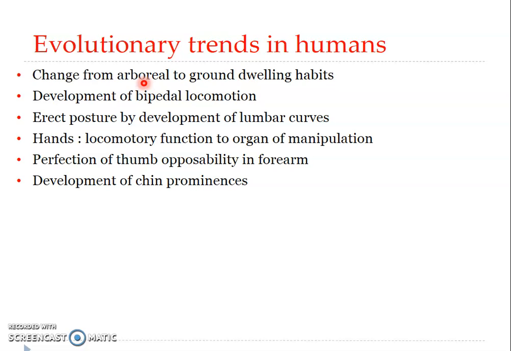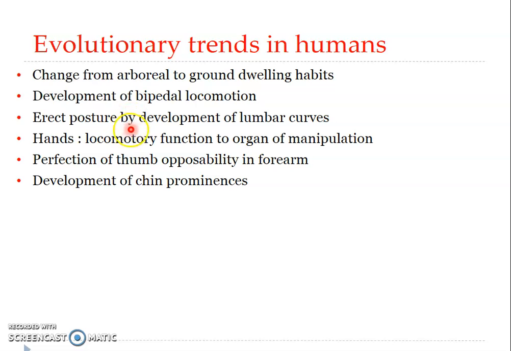They are more often on the arboreal habit, and humans are more into the ground-dwelling habit. Then, development of bipedal locomotion. It's very clear that humans could have an erect posture and could make bipedal locomotion. They can move on two legs, isn't it? But obviously apes are not like that, completely.